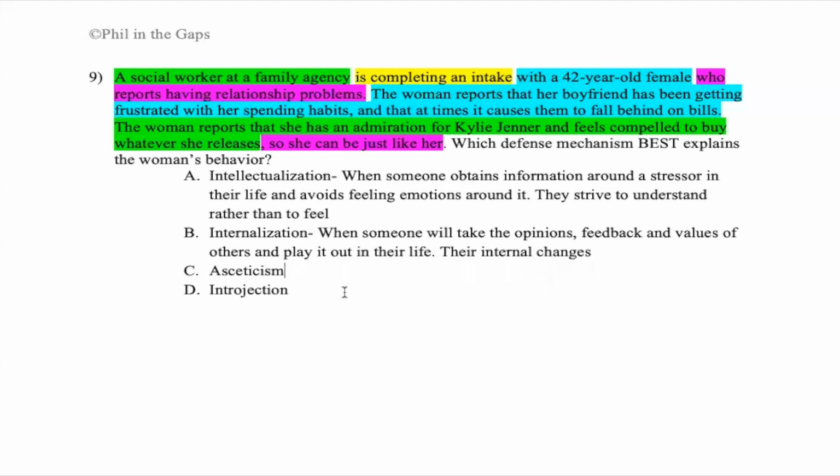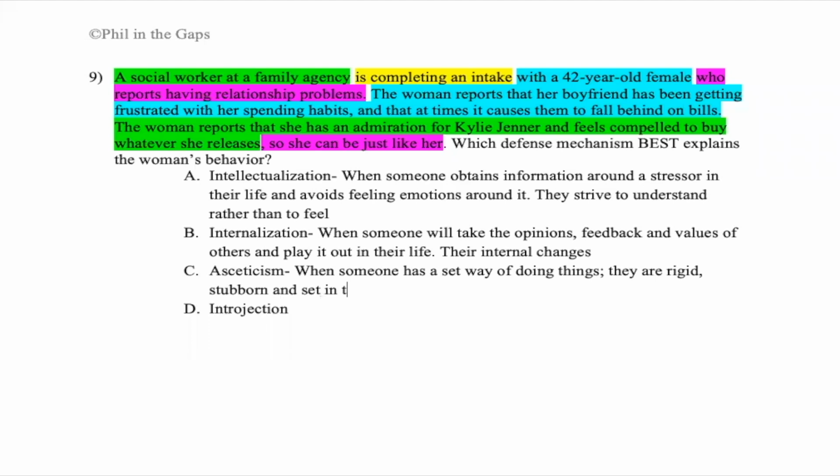C, asceticism is when someone has a set way of doing things. So they are rigid, stubborn, and set in their ways.